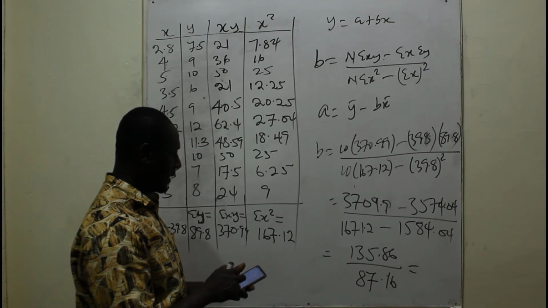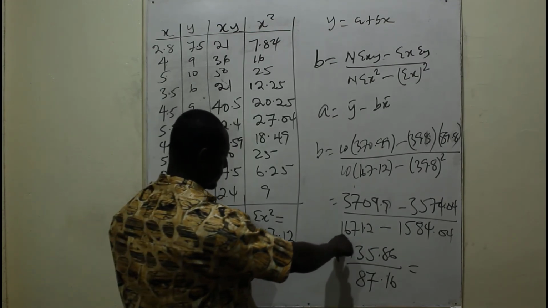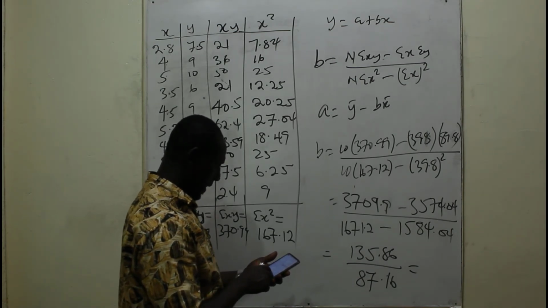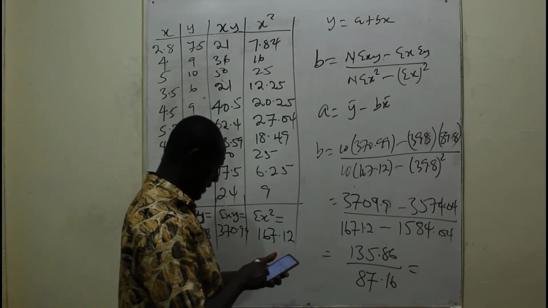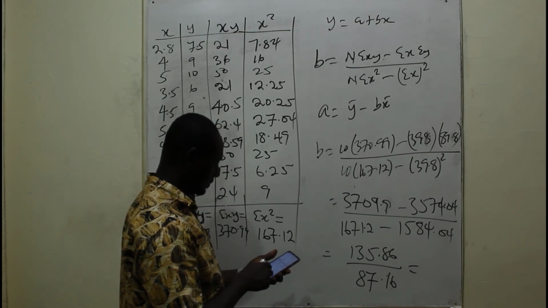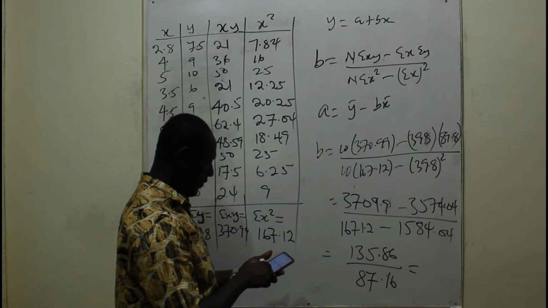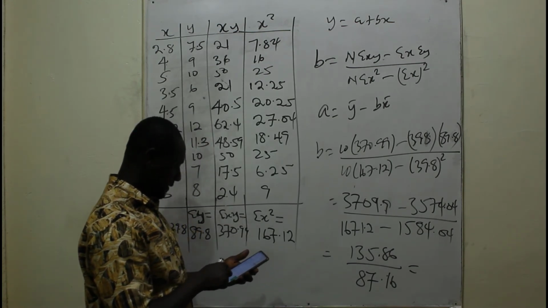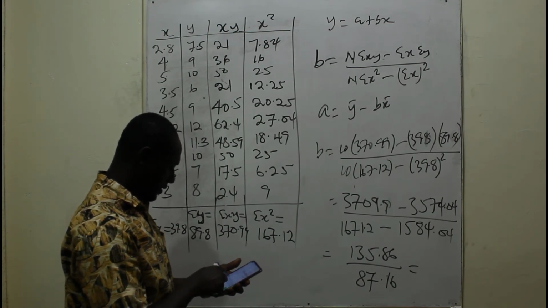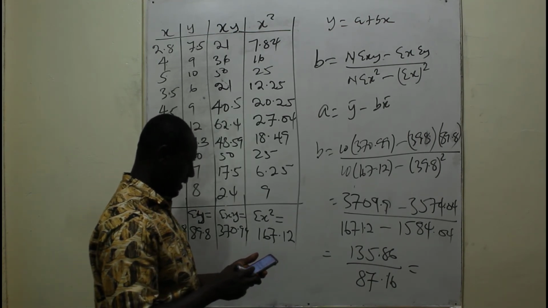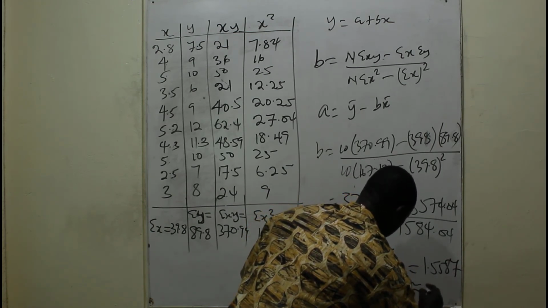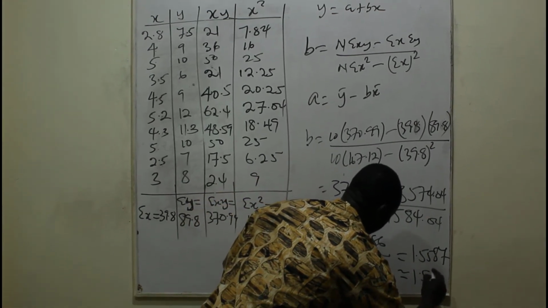Let me do my estimation again. So I have 1671.2 minus 1584.04, which is 87.16. Then 135.86 divided by 87.16, and that is 1.5587, which is approximately equal to 1.56.